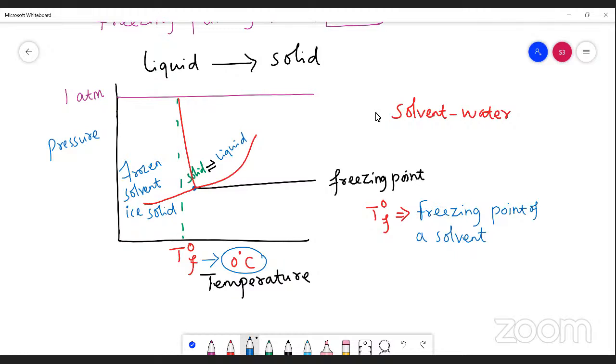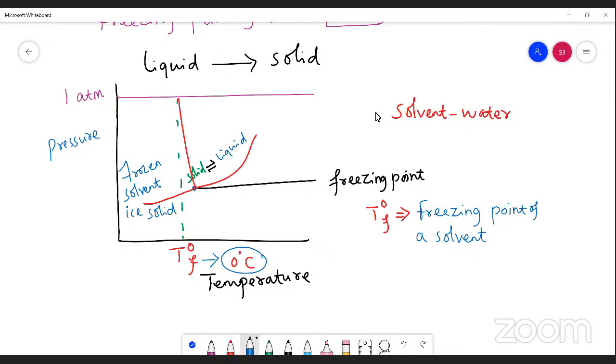Now just remember, I am taking one liquid as a solvent. That liquid I am going to freeze by reducing the temperature. On reducing the temperature, I reach one point that is called the freezing point. At that freezing point only, there is an equilibrium between solid and liquid.